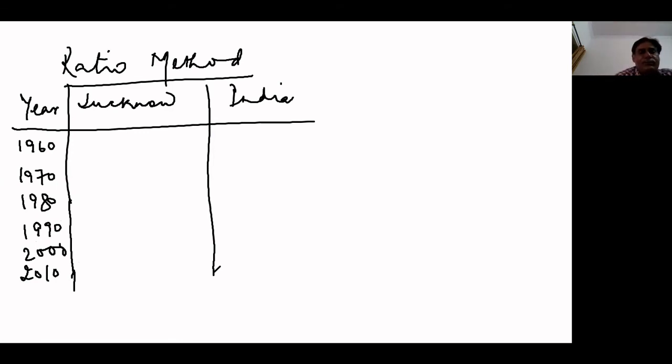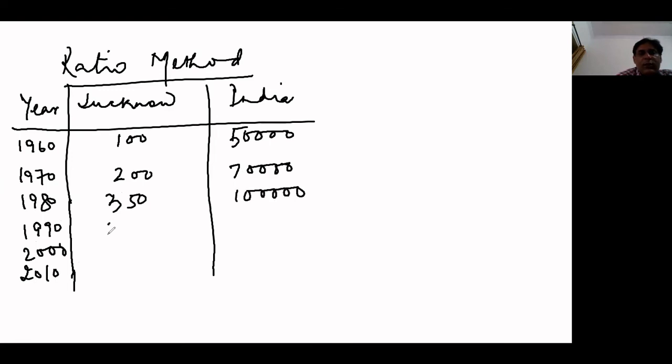Say the population was 100 and this, say the population was 50,000. Say the population was 200, say the population was 70,000. The population was 350, the population was 1 lakh. 500, say 1,25,000. Then say 750, the population was 175,000. Say the population was 1000, the population was 1,90,000.